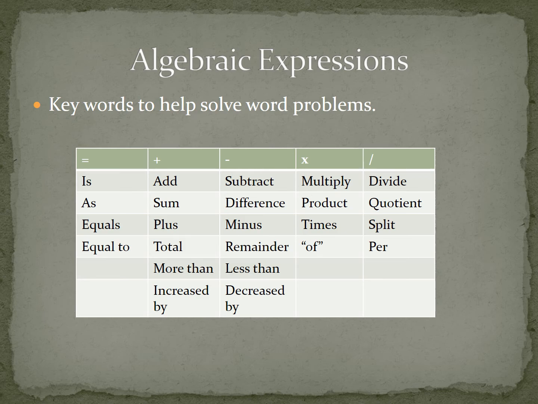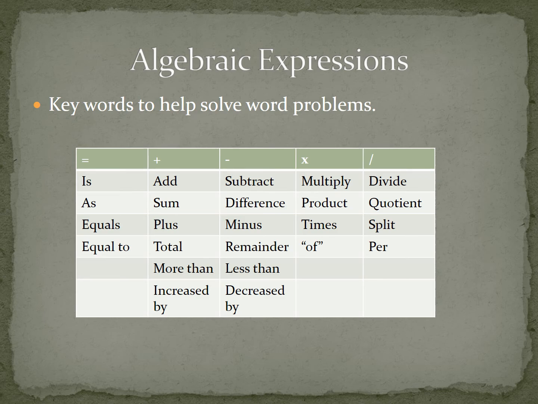Add, sum, plus, total, more than, increase by means you're going to add. Subtract, your minus sign. Subtract, difference, minus, remainder, less than, decreased by, all mean that you're going to be subtracting.